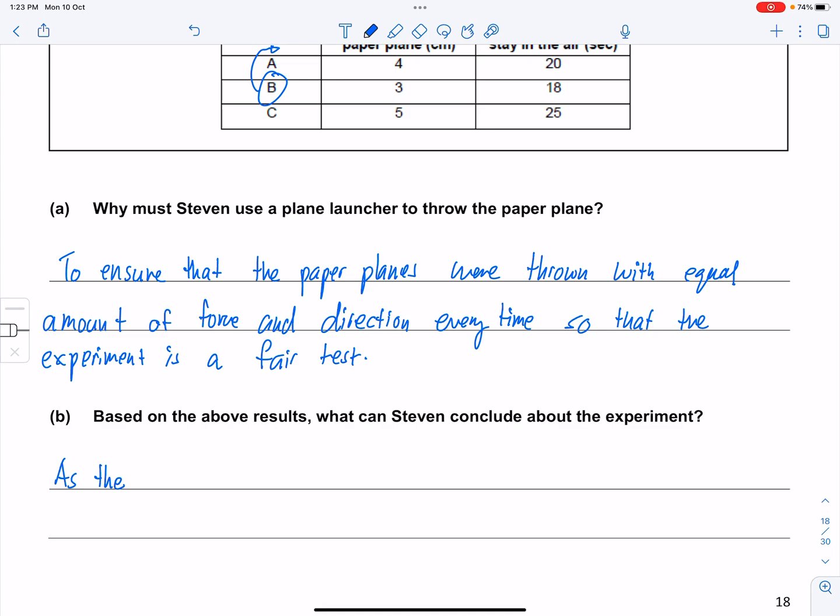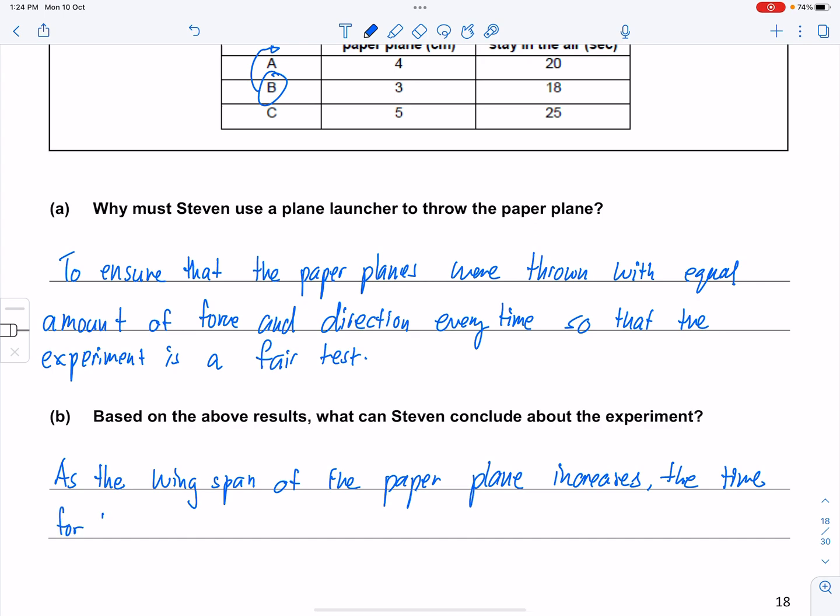Okay, as the wingspan of the paper plane increases, the time for the plane to stay in the air increases.